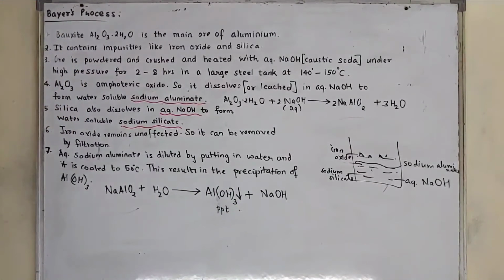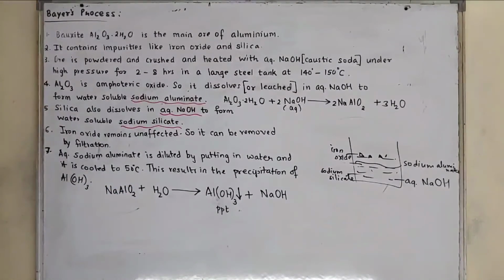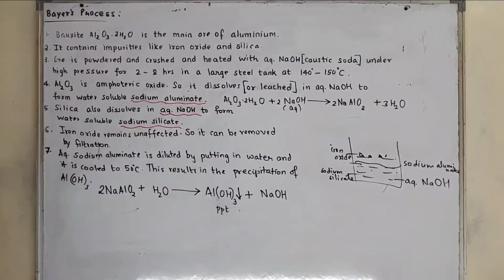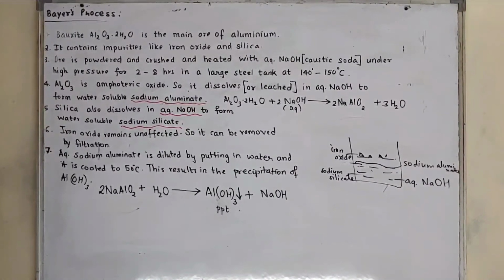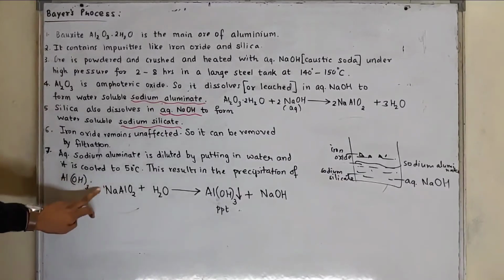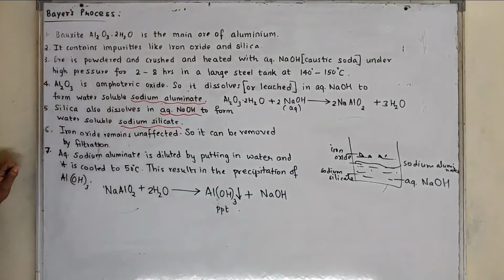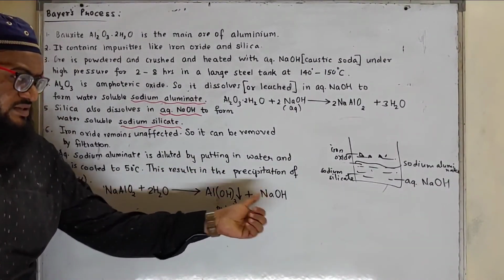Balanced equation will be, aluminum 1, sodium 1, hydrogen 4, it is balanced. So NaAl(OH)4 is diluted by putting in water. It forms aluminum hydroxide as a precipitate.